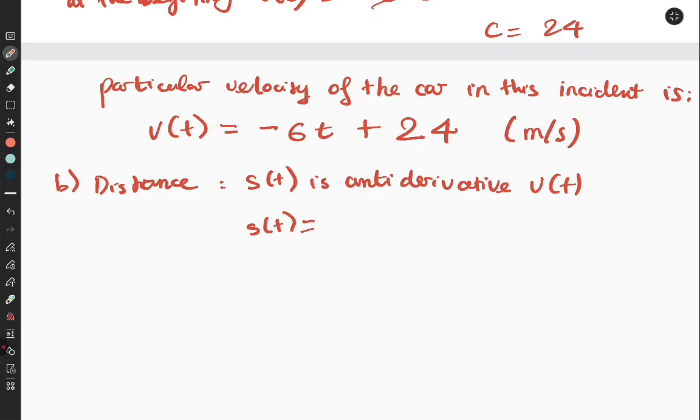Okay, what would that be? Antiderivative, one more time.